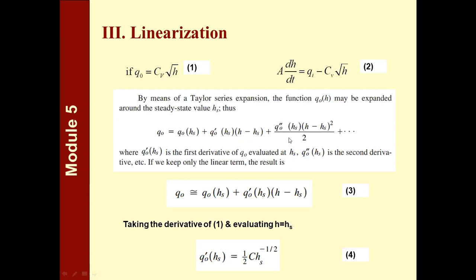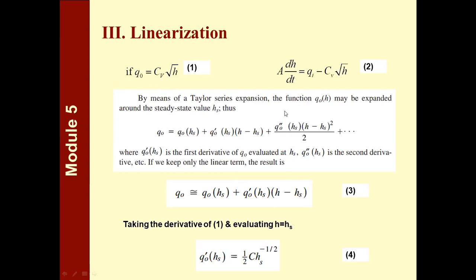The next terms will have the derivative of this Q sub O expression multiplied by the deviation variables raised to the exponent equivalent to the order of the derivative, divided by the factorial of the said order of the derivative. So this one here would be your first derivative, so it's raised to 1 over 1 factorial.